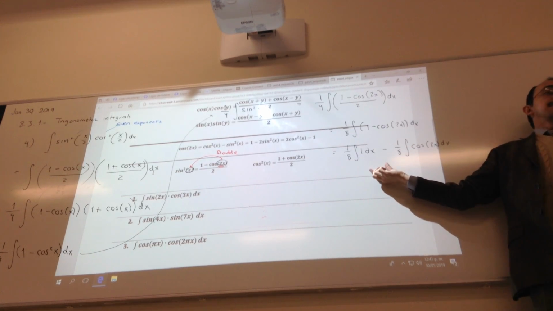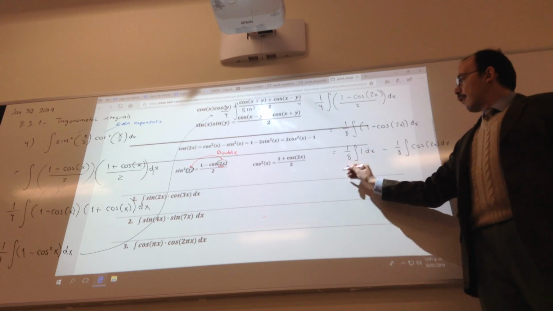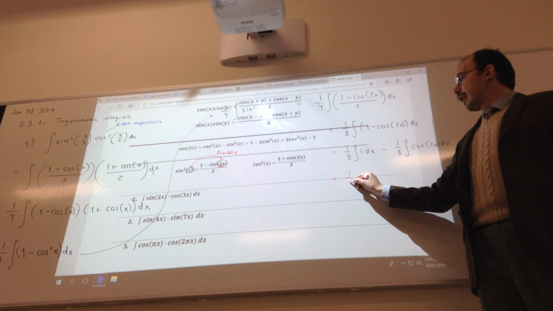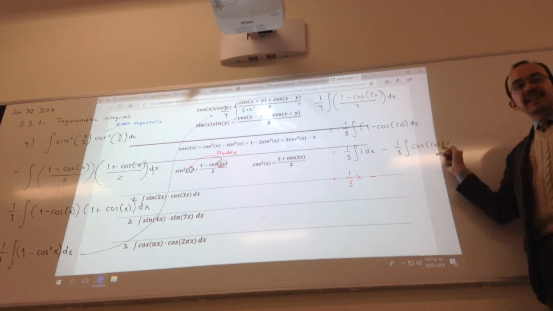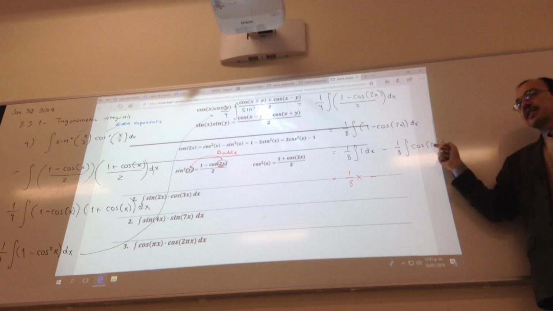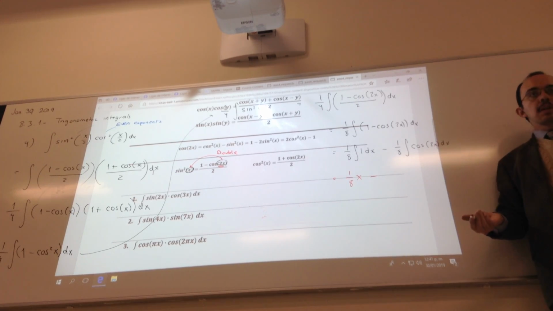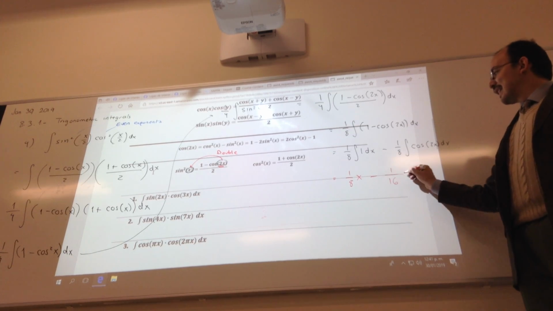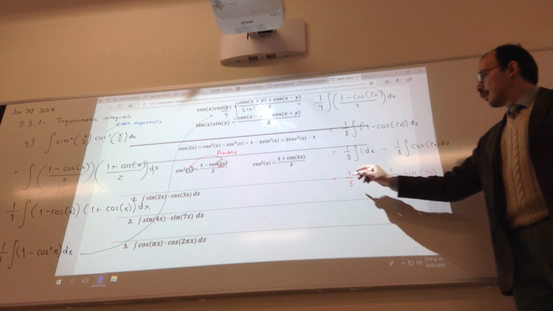Can I integrate that? Yeah, now I can. 1/8 integral of 1 is 1/8 x minus, same thing now, cosine of 2x. In a single step it will be 1 over 16 sine of 2x plus c.